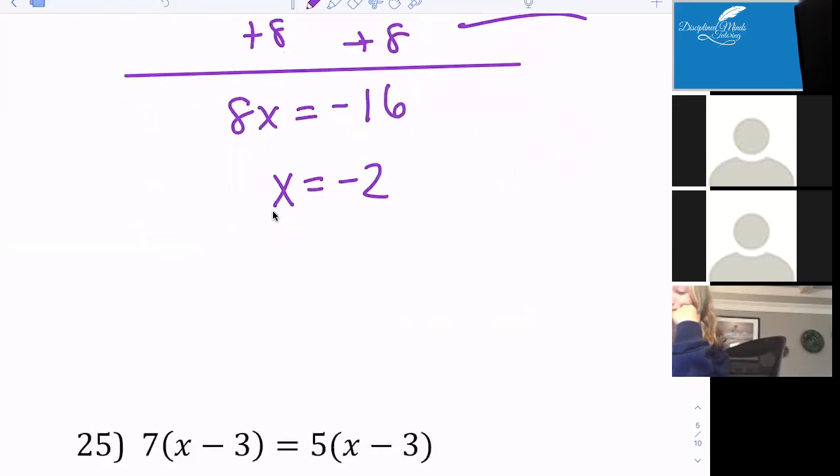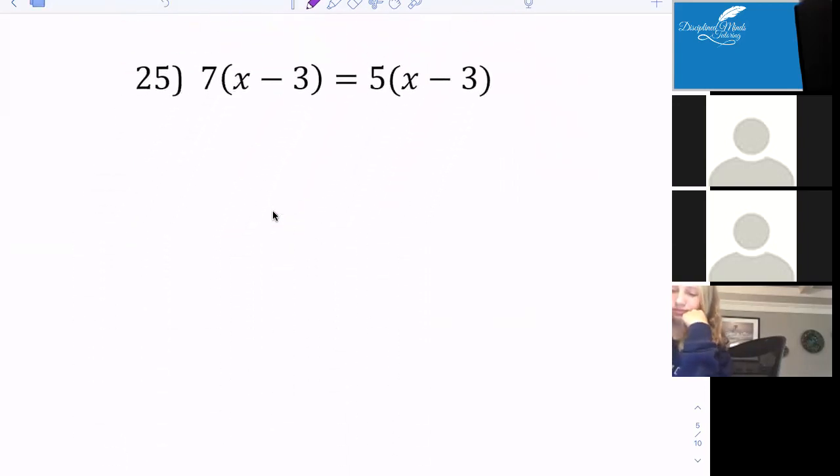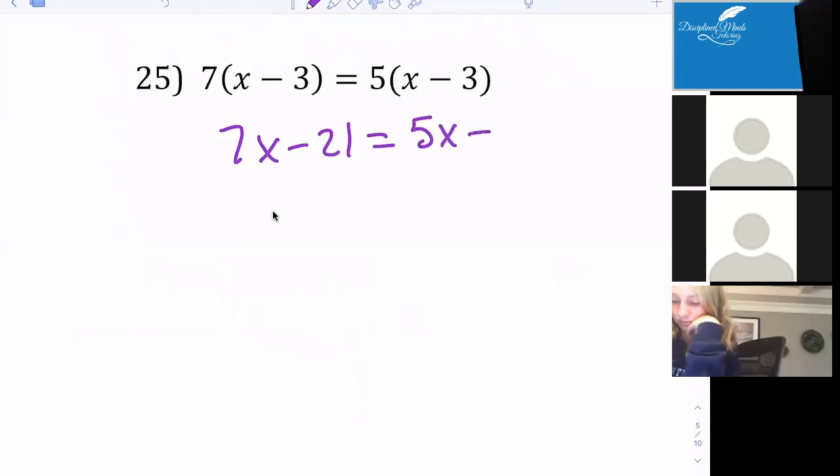Very good. Very good. All right, Trimble, go. So 7x minus 3 equals 5x minus 2.